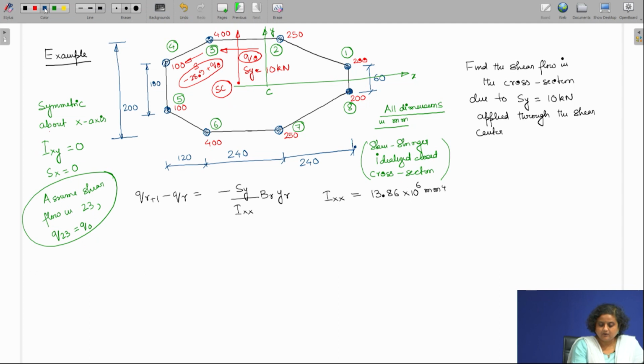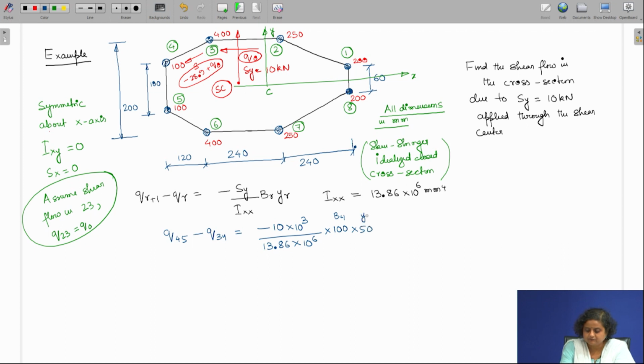If we find out Q45 minus Q34, it is going to be minus 10 into B4, and B4 is 100, into Y4, and Y4 is going to be 50.